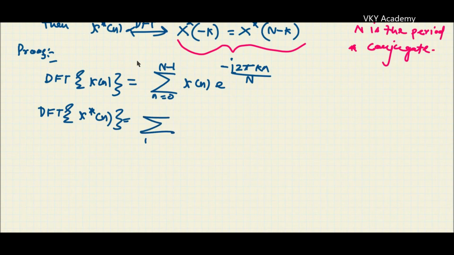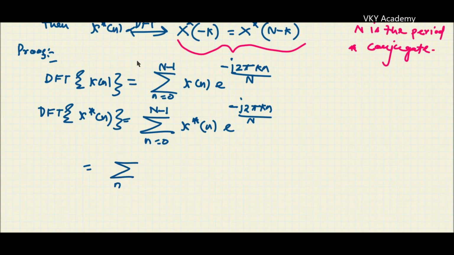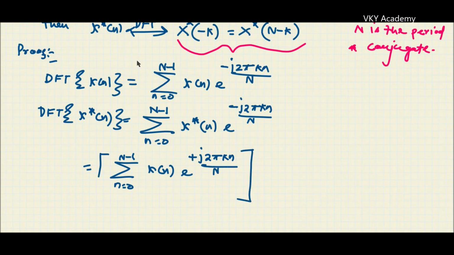So it can be written as summation n is equal to 0 to capital N minus 1, the new function x conjugate n e to the power minus j 2 pi kn upon capital N. Now this can be written as summation n is equal to 0 to capital N minus 1 x of n e to the power plus j 2 pi kn upon capital N whole conjugate.